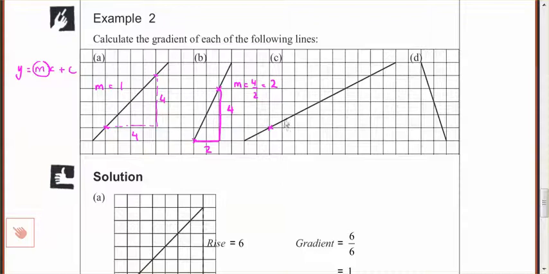Tell me when to stop for the second point. Stop. The rise is 1, the run is 2, so m is 1 over 2. So what do we do then? Actually nothing. That's it. It's 1 over 2. The gradient is a half, or 0.5 if you like.